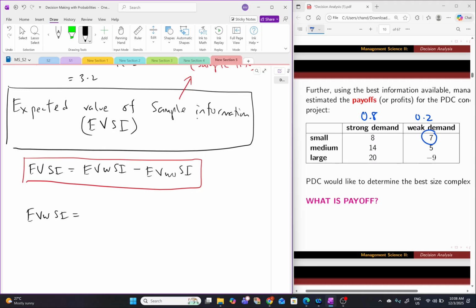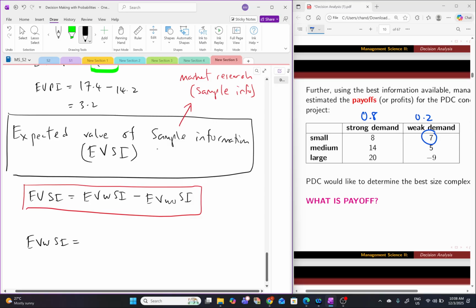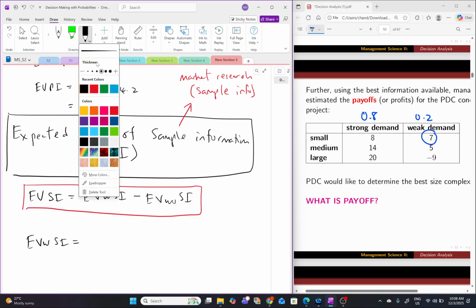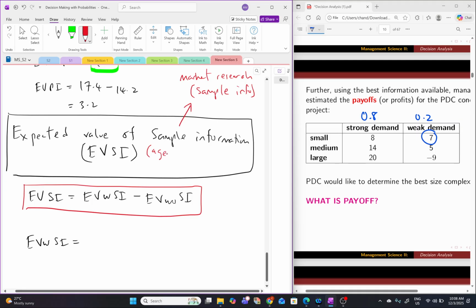Expected value of sample information, the market research. So sometimes we call this as agency information. Yang daripada sample lah, daripada market research ni.